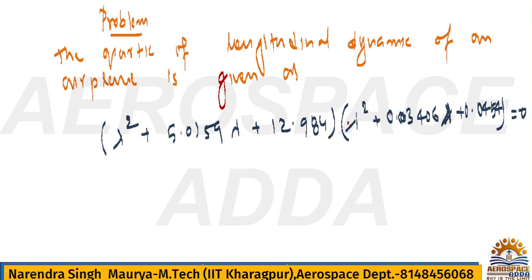This is the quartic equation, means power 4. Now if you open these two brackets and do some multiplication, then you will get lambda to power 4, the main equation. But this is the equation they have given to us.